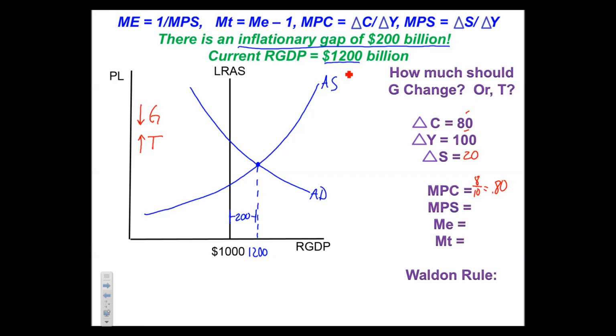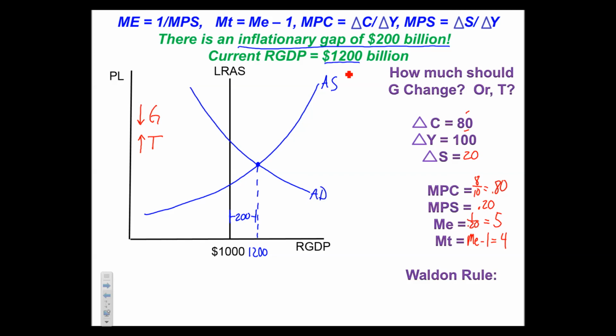If MPC is 0.80, MPS is 0.20. If MPS is 0.20, the expenditure multiplier is 1 divided by 0.20, which is 5. And then the tax multiplier is going to be the expenditure multiplier minus 1, so 4. So now we have a spending multiplier of 5 and a tax multiplier of 4.